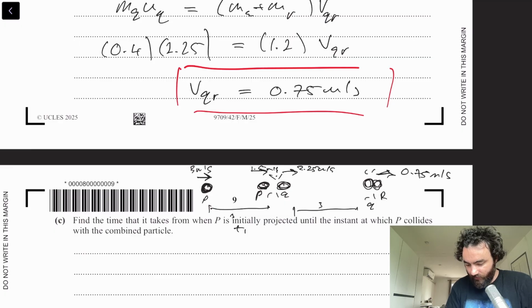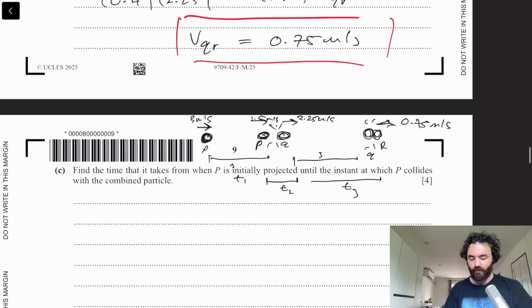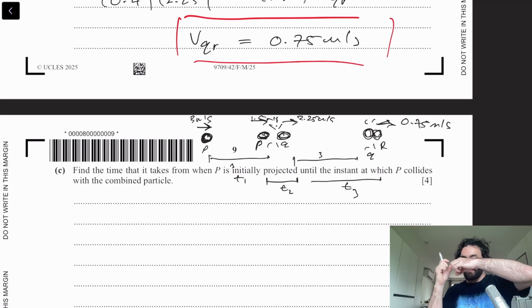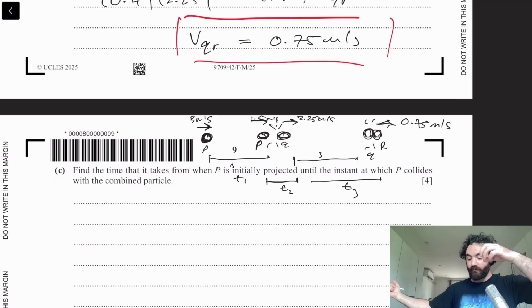Then we're going to need the time that P has moved. T2 will be the time P has moved at the point in which P and Q collide. And the final time, let's call it T3, is when P then recollides with Q and R. So P hits Q, and then it moves at 1.5 meters per second, and then Q hits R, and Q and R move at 0.75 meters per second.